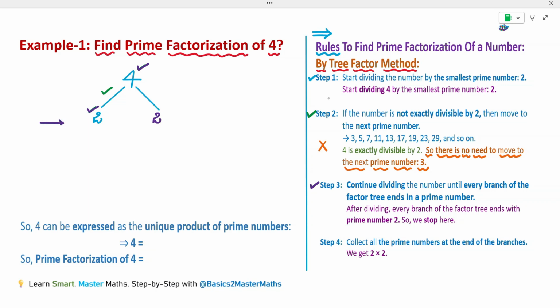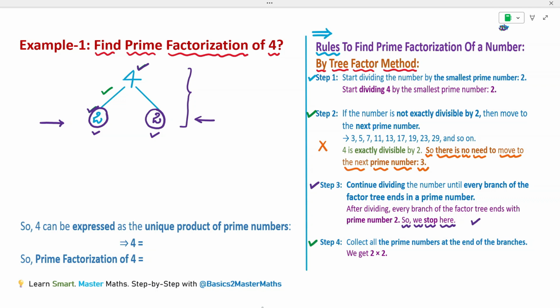Observe here, after dividing, every branch of the factor tree ends with a prime number 2. So, we stop here. Got it?